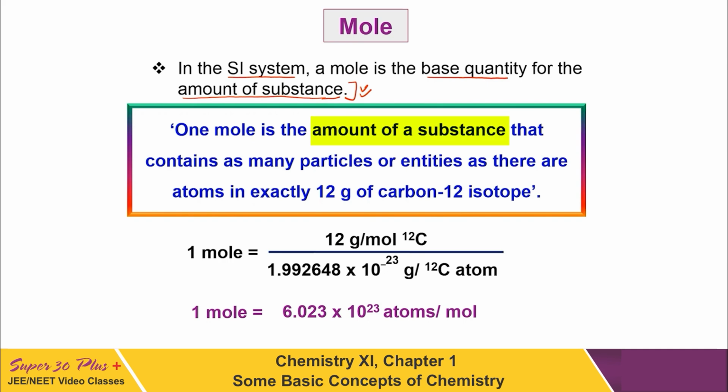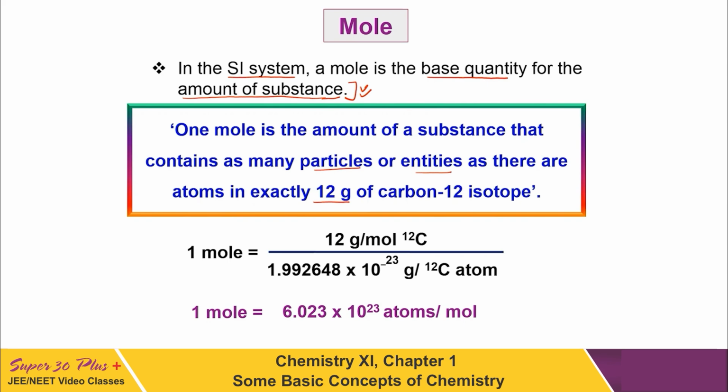So 1 mole is the amount of substance that contains as many particles or entities as there are atoms exactly in 12 gram of carbon 12. Whatever the number of atoms present in 12 gram of carbon 12, that is 1 mole.